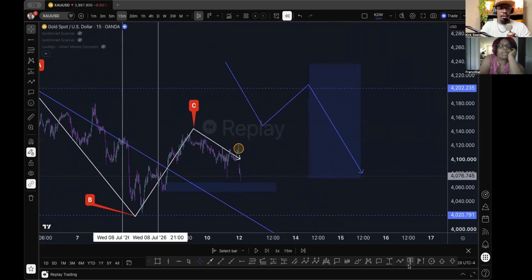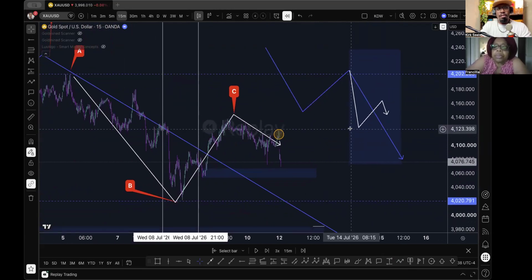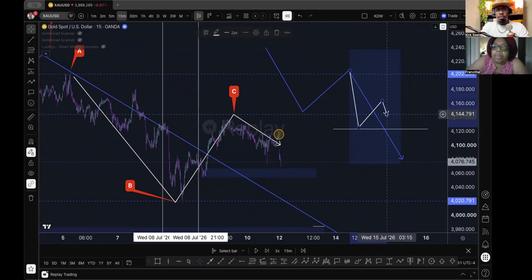Okay, so if you're looking at this right here, we have this happening. We want to get down to the bottom of where this blue is, but right now we're around where this white arrow has stopped.